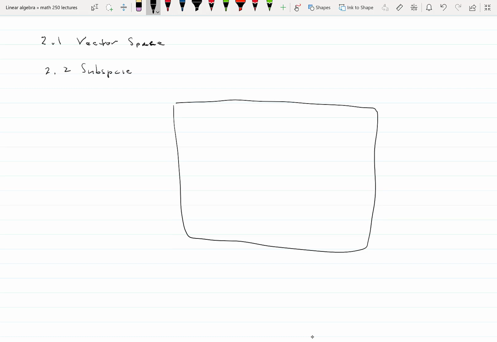A subspace is a non-empty subset of a vector space that itself forms a vector space under the same operations of vector addition and scalar multiplication. So if in this rectangle that I've drawn we have V, the vector space, then a subspace is, we'll say, S, and I'm going to abbreviate subspace as SS with your permission.